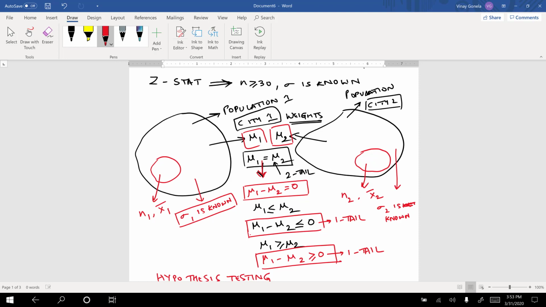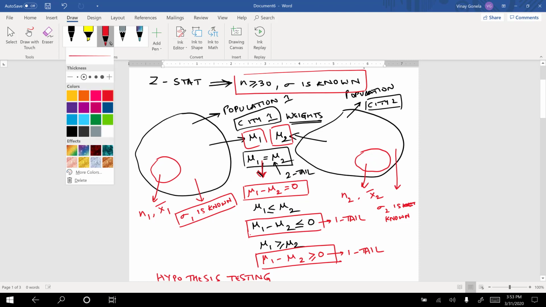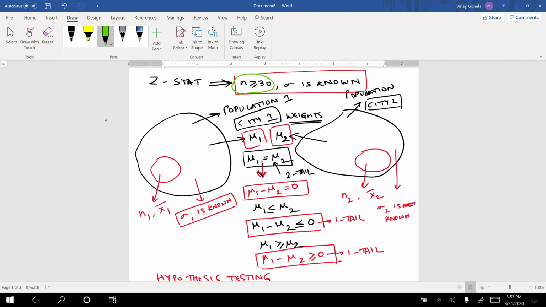As you know, Zstat can be used in one sample. This was the criteria. In two samples, the criteria would be the same, but now instead of n being greater than 30, we are saying n1 is greater than or equal to 30 and n2 is greater than or equal to 30, and your sigma 1 and sigma 2 both are known.